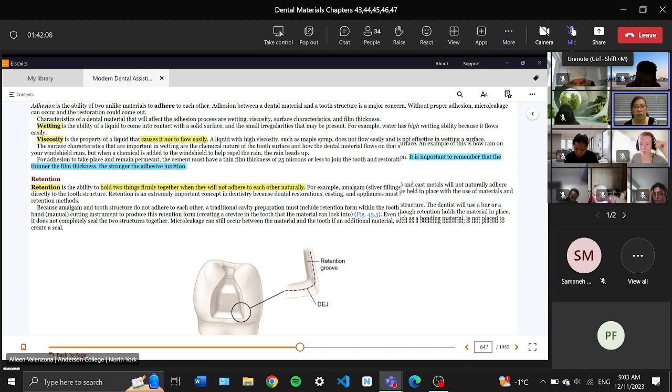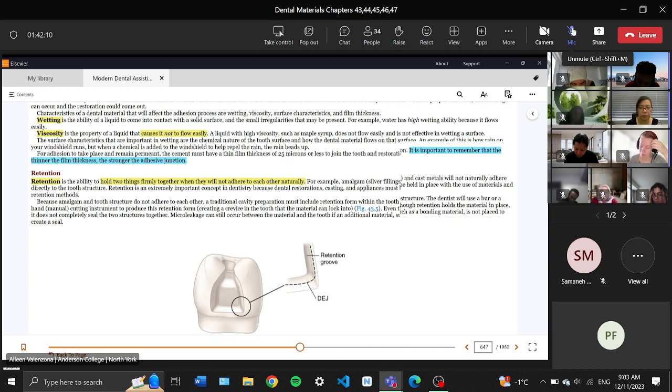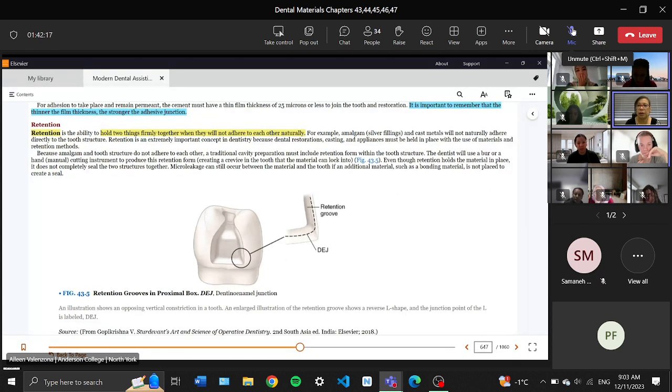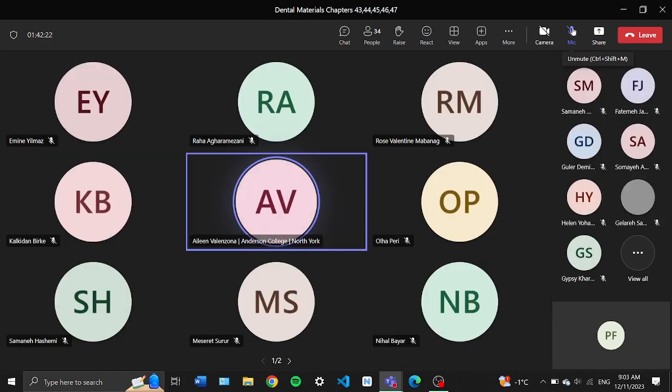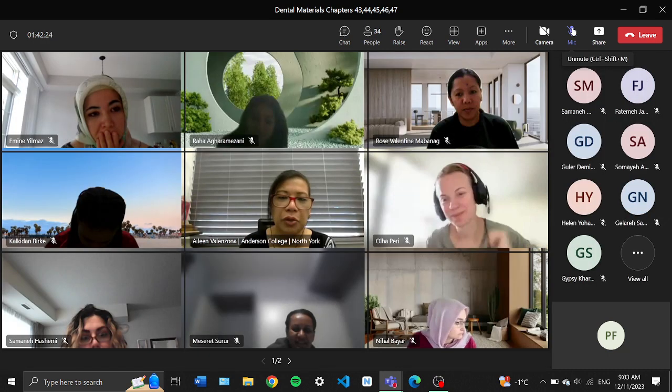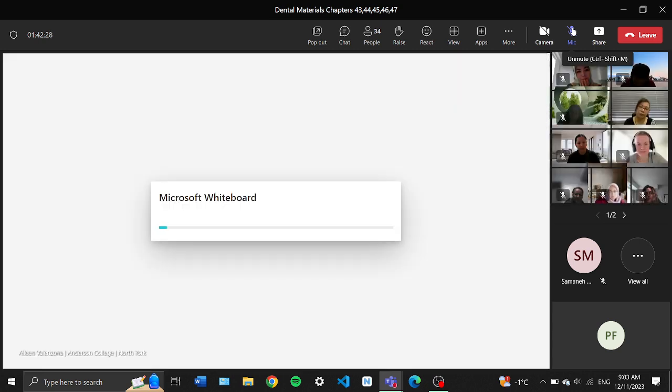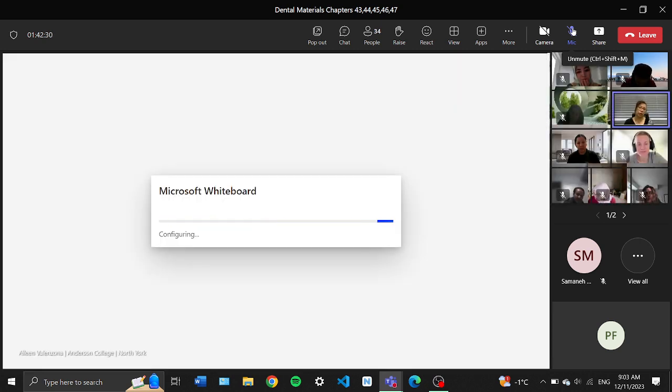The dentist will use a burr. I will show you, we're talking about amalgam here. I know you missed my beautiful drawing. I hope that my beautiful drawing will help you understand more. So we have two types of fillings, right? Amalgam and composite.